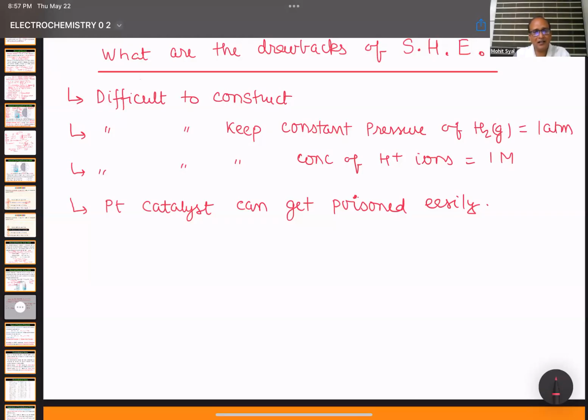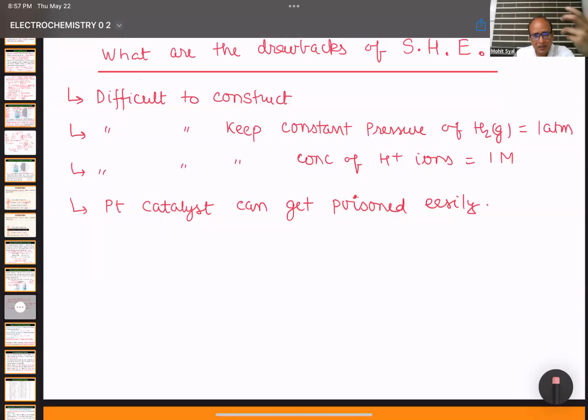Once you have the standard electrode potentials of all the electrodes or reactions, you make a list, and that list based on a standard hydrogen electrode is known as electrochemical series. That is given in all the textbooks. All your chemistry textbooks will have those standard electrode potential values. Okay, you can use them.